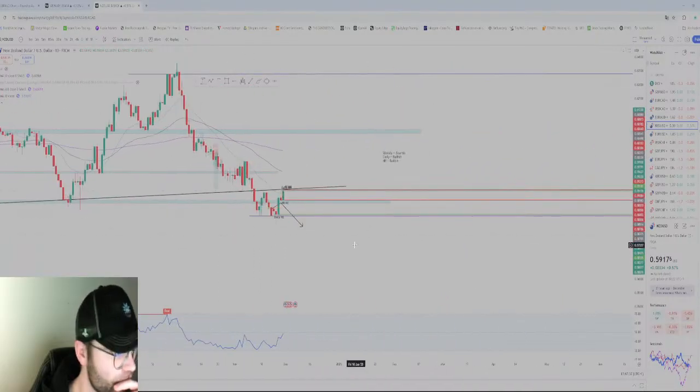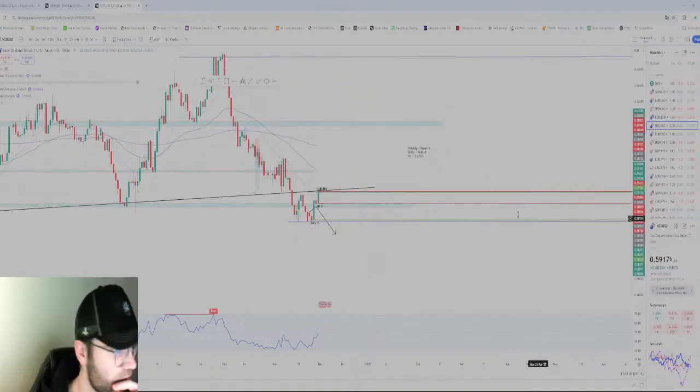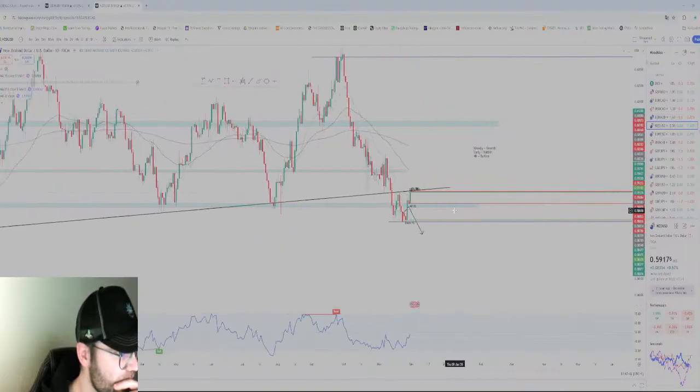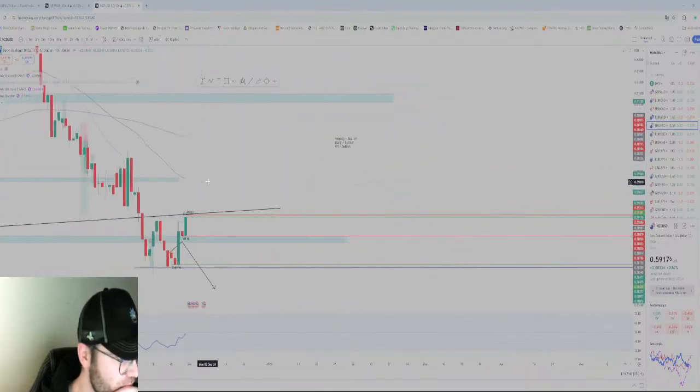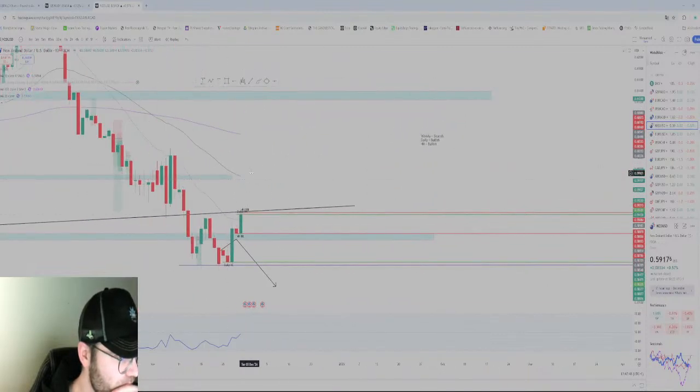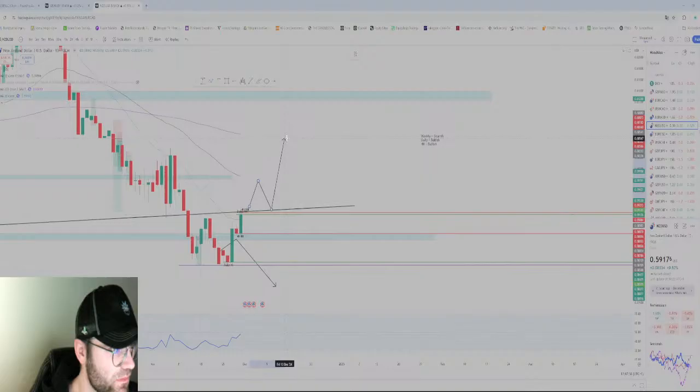Comes off a super strong daily area of interest, like super strong. So I think it might actually just continue to the upside and then retest this maybe. All right, that's the trade I would go for. It goes up a little, tests this, and then goes to this area of interest.